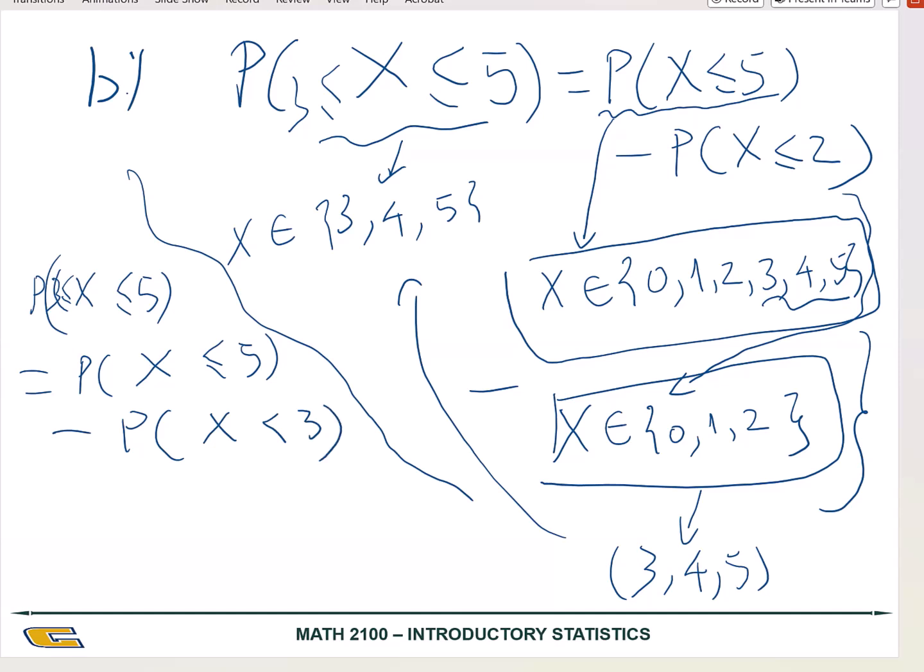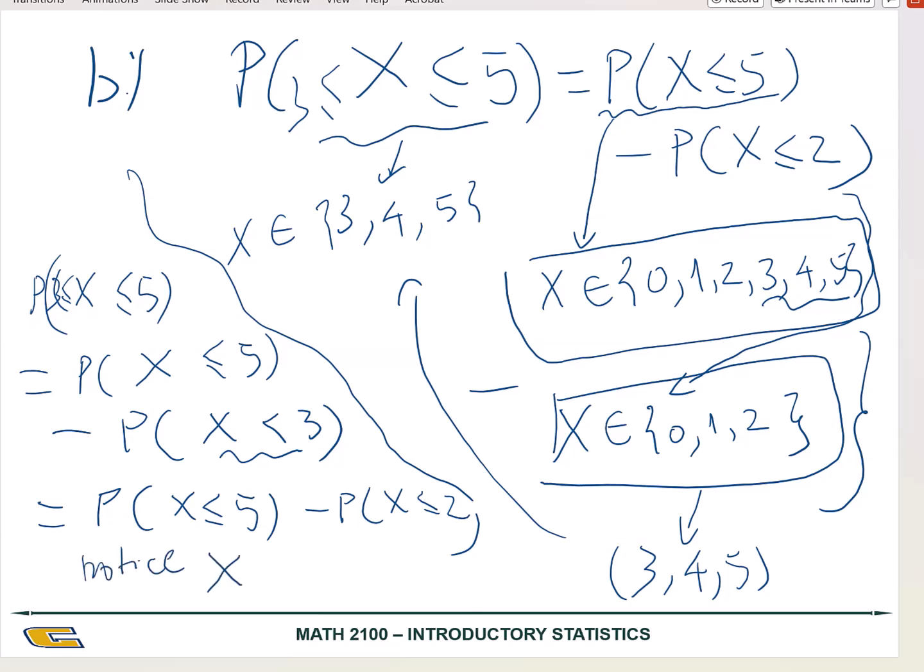Again, X less than 3 and X is an integer number, so basically it's X less than or equal to 2. Notice that X is an integer. So either way, this is how you make this transformation work, okay?